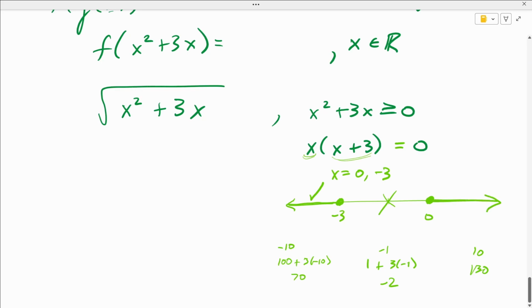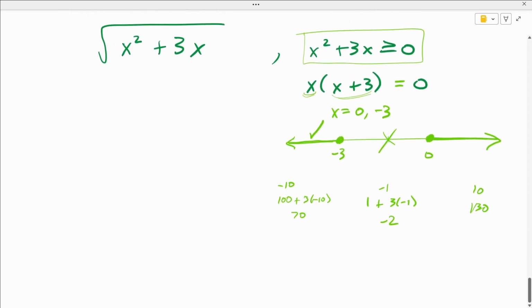In other words, the values of x that make this true are the ones that show up on this diagram. And as we saw in a recent video, we would write x is in the interval from negative infinity up to negative 3, union 0 to infinity. And as we also saw in that last video, we could switch these round brackets around to indicate the same thing.